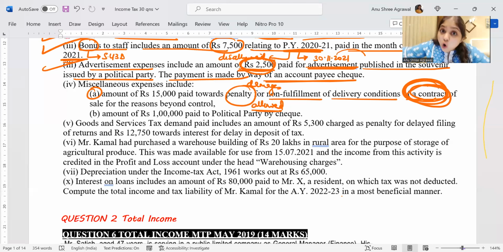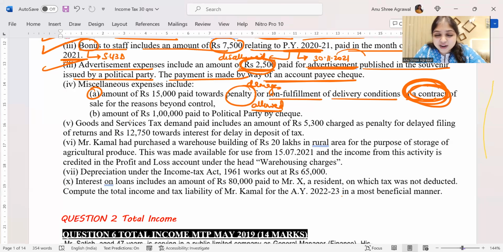Only if I breach the law will you disallow damages and penalty. Here I have only breached a contract, so whatever penalty I have paid is not going to be disallowed. It's already debited in the P&L under miscellaneous expenses. Anything left for me to do? Nothing left to do.